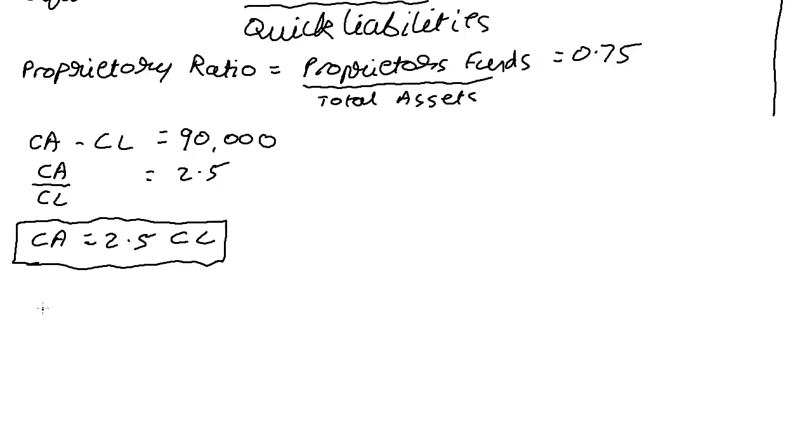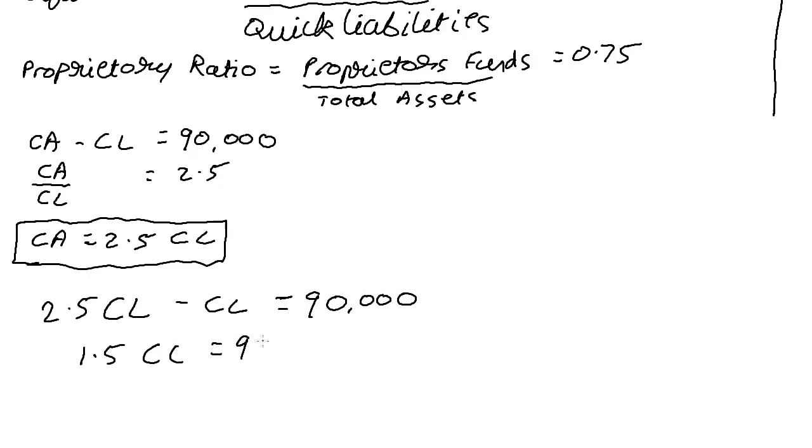So 2.5 CL minus CL is equal to 90,000. Therefore, 1.5 CL is equal to 90,000.